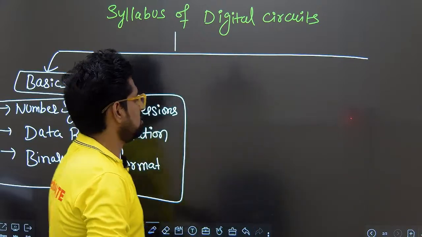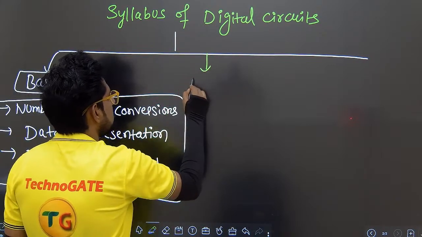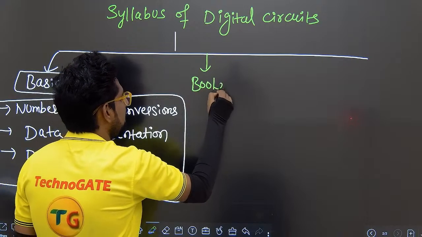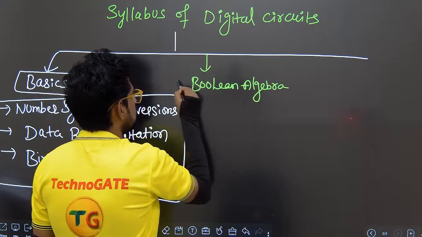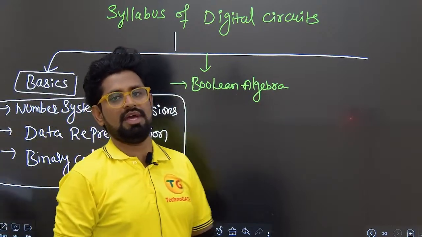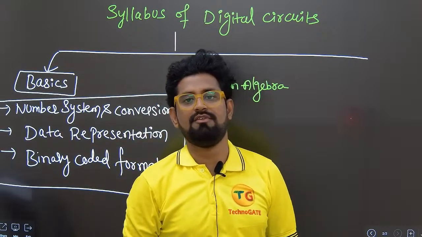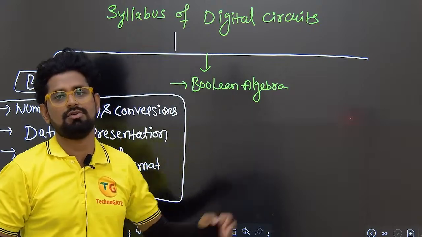Then after completion of this, we are going to come to the next topic, which is Boolean algebra. In order to design a circuit, we need to reduce the hardware. To reduce the hardware, we have some tools like Karnaugh map. Boolean algebra is the first tool we have.